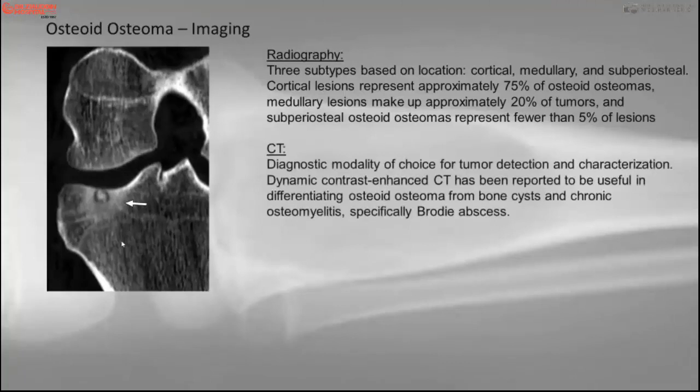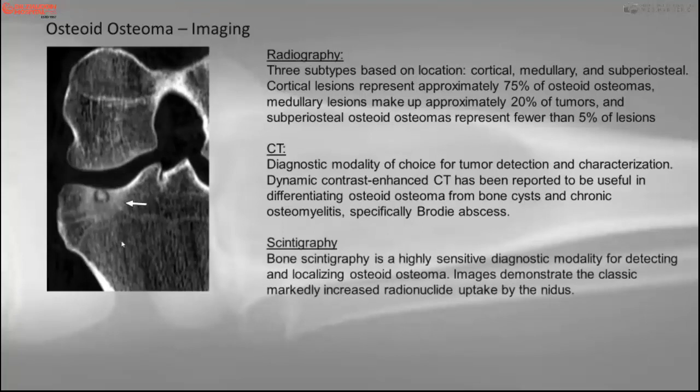CT is usually the diagnostic modality of choice. Dynamic contrast CT has been reported to be useful in differentiating osteoid osteoma from bone cyst and chronic osteomyelitis like Brodie's abscess. Bone scan is a highly sensitive diagnostic modality for detecting and localizing osteoid osteoma.